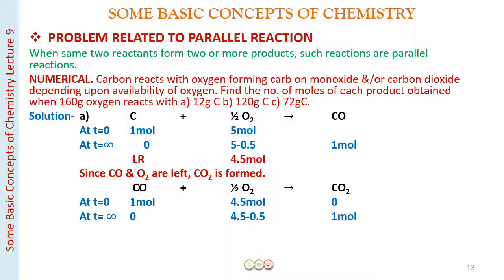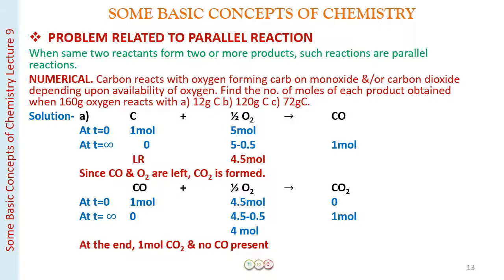So what will you have at the time of completion of this reaction? You are going to have 0 mole of carbon monoxide, 4.5 minus the 0.5 mole of oxygen, which is going to be 4 moles, and carbon dioxide formed would be 1 mole, right?